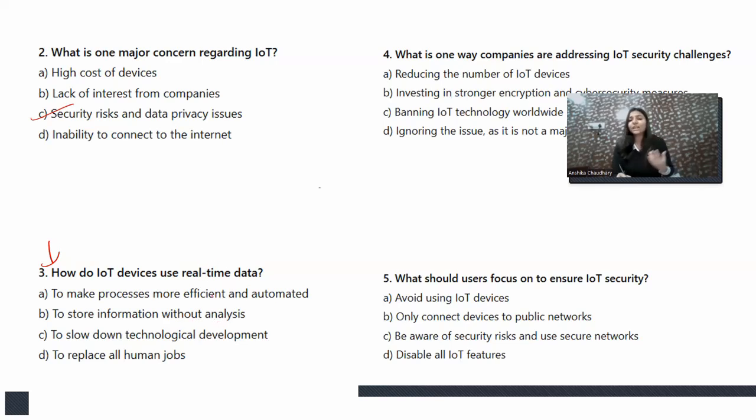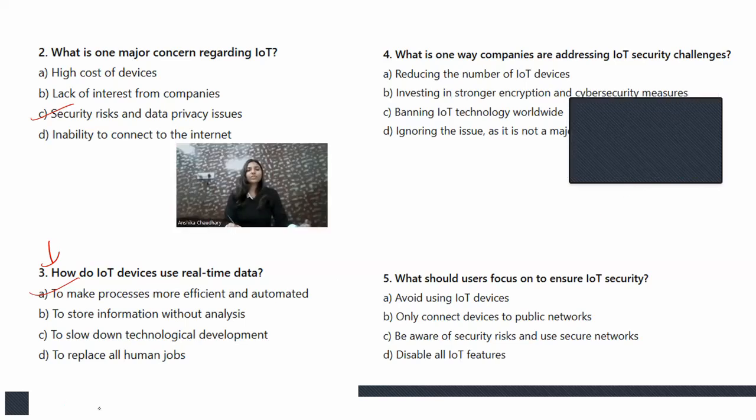For which purpose are they using our real-time data? The options: to make processes more efficient and automated, to store information without analysis, to slow down technological development, and to replace all human jobs. So the first answer would be correct, because why are they using real-time data? To make the process more efficient and automated, right? IoT is just the second name of automation, we can say. So that's why they are using real-time data. Based on our convenience, they can make the devices more efficient and more automated, right?